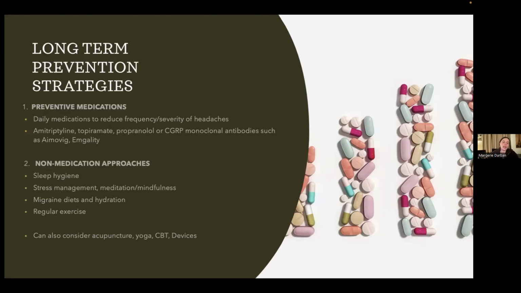And devices, some patients really respond well to neuromodulation devices. We also, especially at the VA in Detroit, frequently do acupuncture and yoga, which people have really good results with as well.